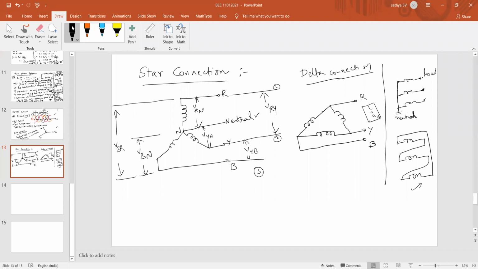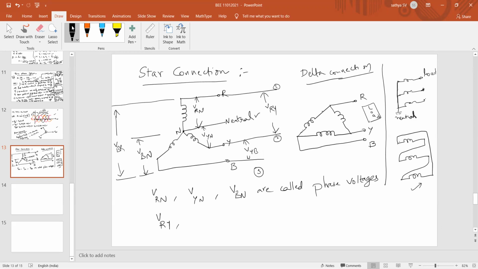Now here these VRN, VYN, VBN are called phase voltages, nothing but with respect to the coil, that means with respect to the neutral point. Those are called phase voltages.